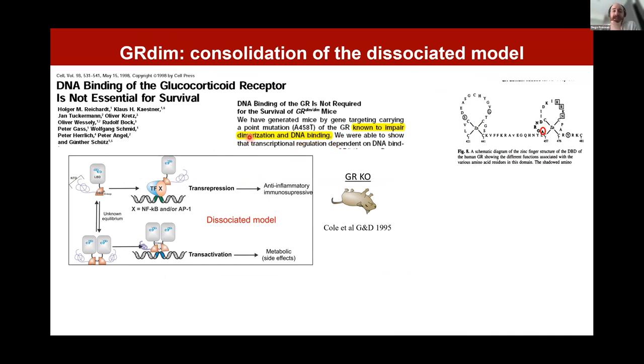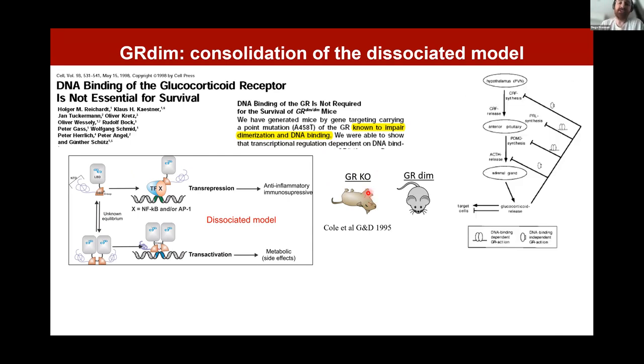So if this receptor cannot dimerize nor bind DNA, then it cannot do any of the transactivation, right? And it can only do transrepression. So the big surprise was that it was known a few years earlier that a GR knockout was lethal, but the GRdim survived. And that's because this protein could not bind DNA.